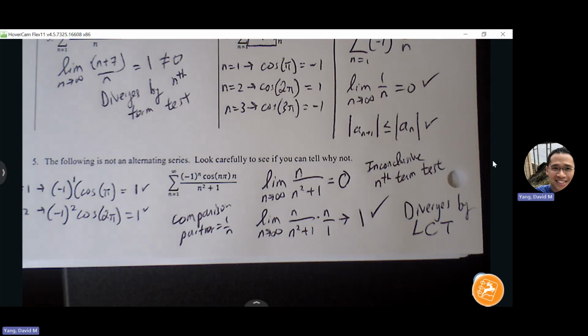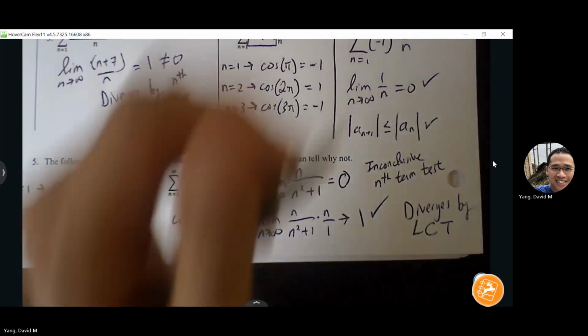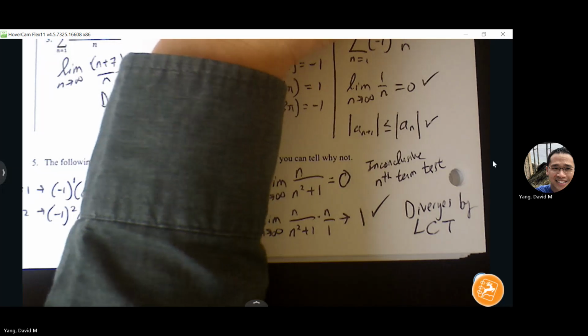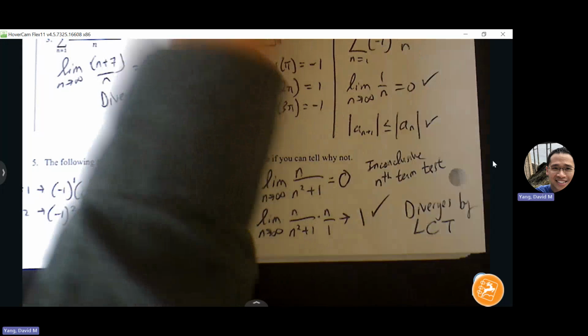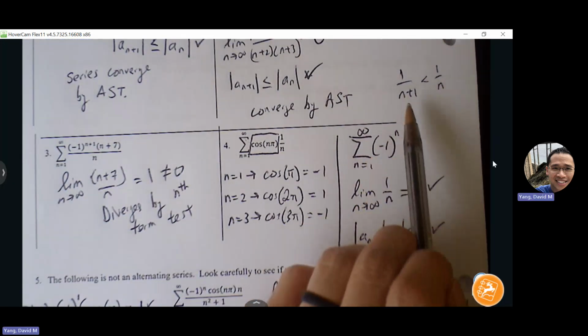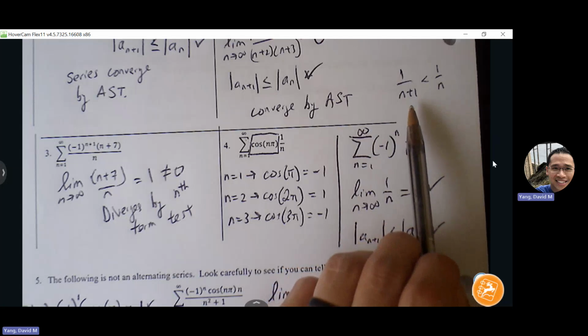Oh, wait, 1 over n plus n. Oh yeah, that's less than that. Most likely, but even the direct comparison test is not a good fit for this.